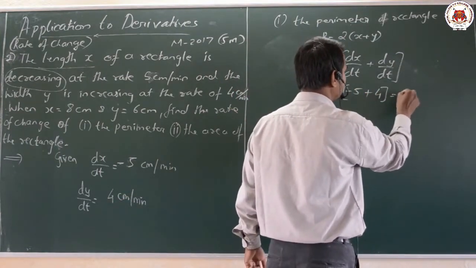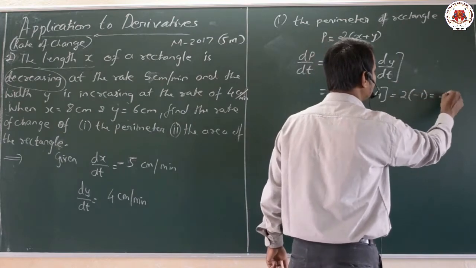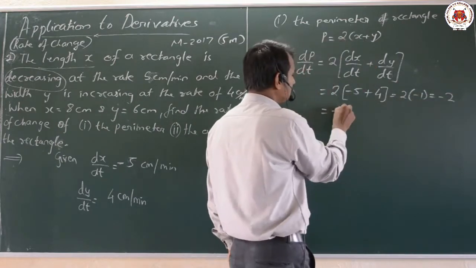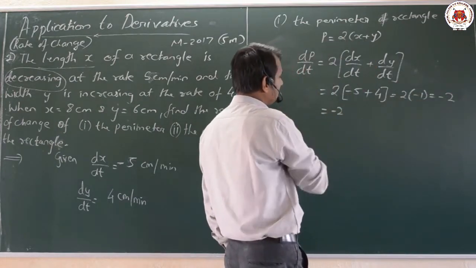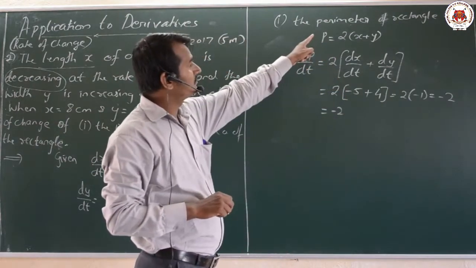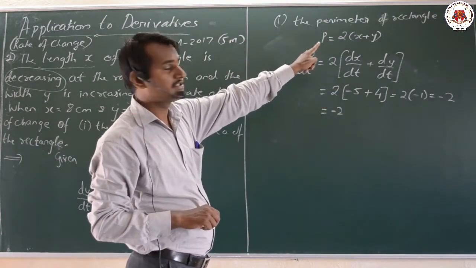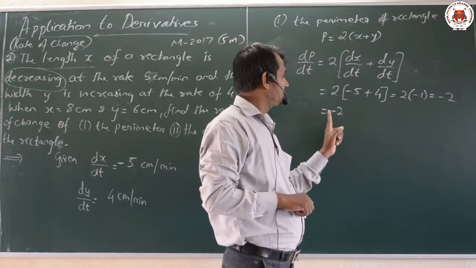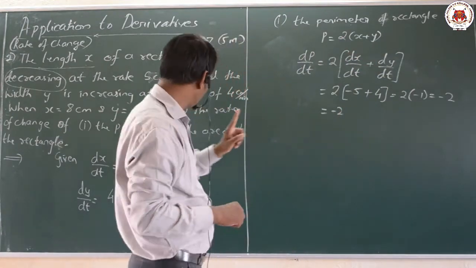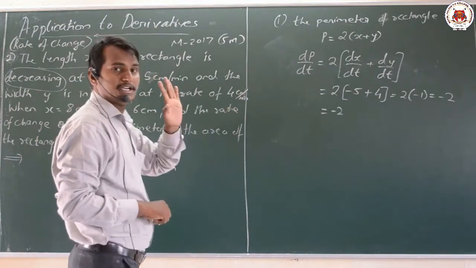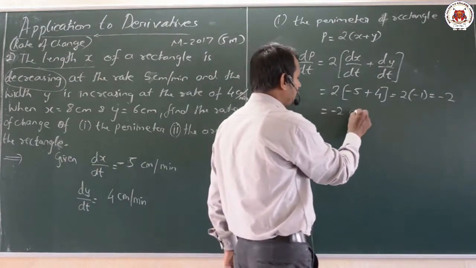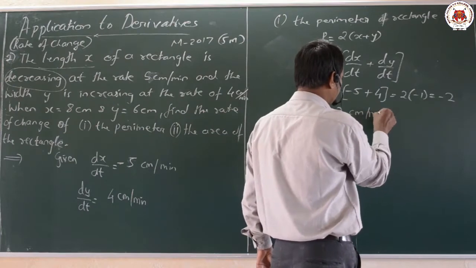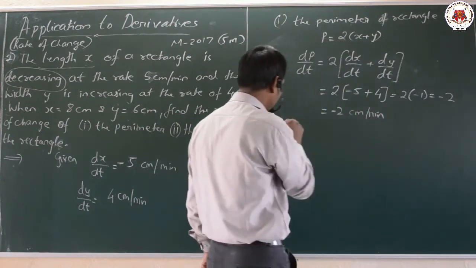That means what we get here? 2 into minus 1, the value will be minus 2. The answer is minus 2. That means the rate of change of the perimeter of the rectangle is minus 2 centimeter per minute. It is decreasing.